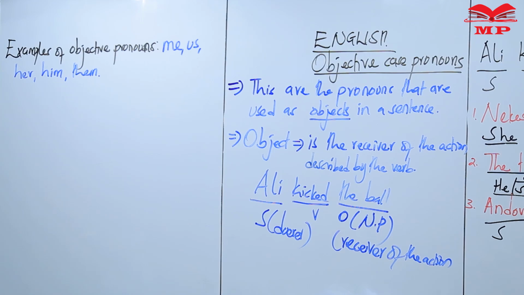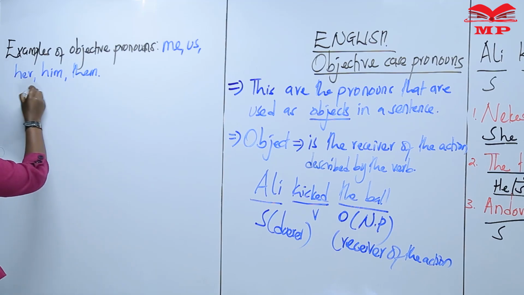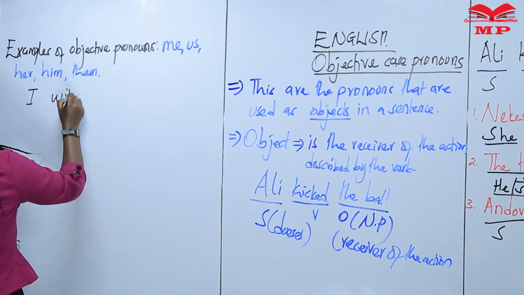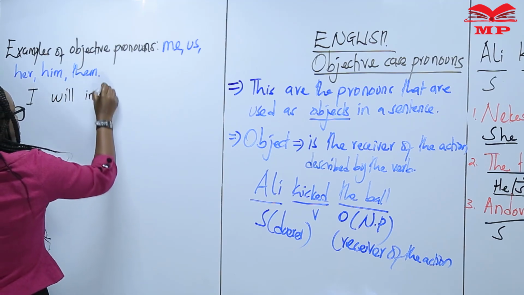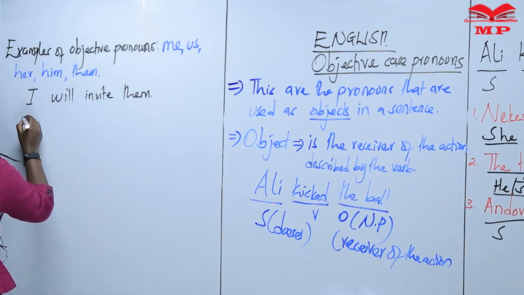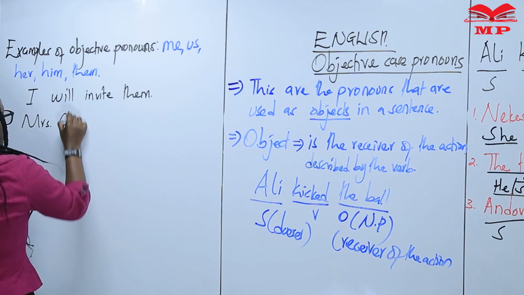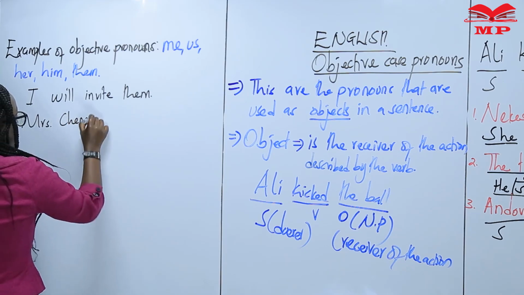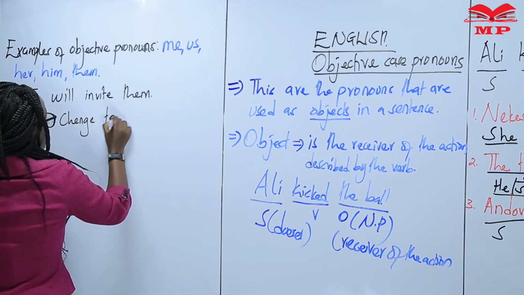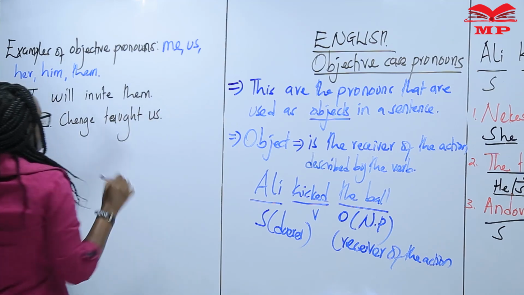Probably I could just continue and give more examples of sentences that have pronouns used in this case. We could have a sentence like, I will invite them. Mrs. Chege taught us.